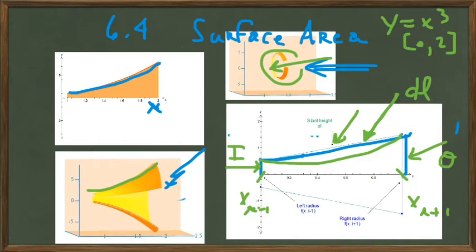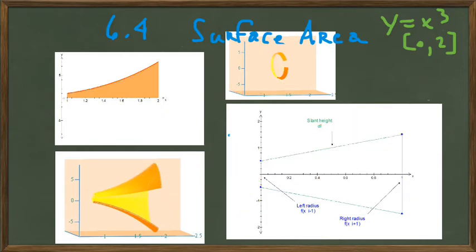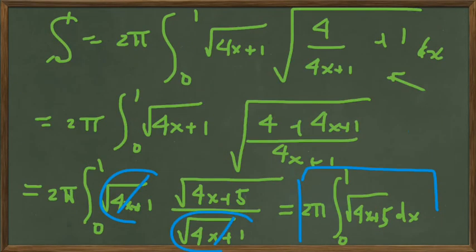Remember, there's a little bit of error here because when we use this slant height right here, that is an approximation because the figure is actually curved, like this, and so the actual heights are like this. But as delta x sub i goes to 0, we get the error going to 0.